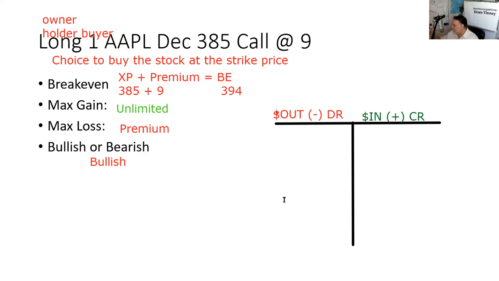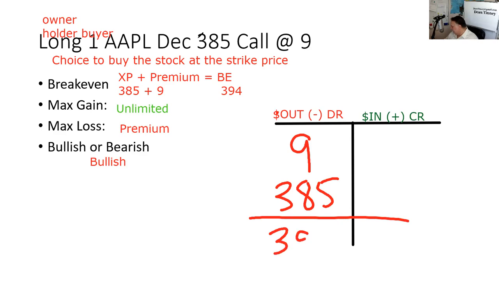Then if I'm going to try and understand options, I say, okay, what I want to do here is track the money. So I paid 9 points to be able to buy the apple at $3.85. I'm just illustrating that indeed the break even is $3.94, because the break even is a number that if you plug it in here would make the columns balance.